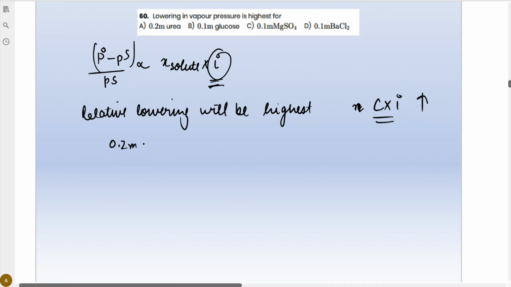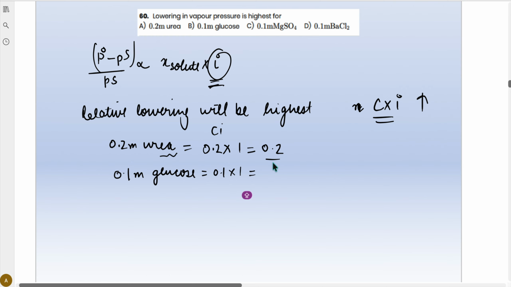For 0.2 molar urea, how much C into i we can do. C is given 0.2, and for urea i is 1, so 0.2 will come. Next one, 0.1 molar glucose: 0.1 into 1, glucose has van't Hoff factor 1, so this is also 0.1. Now check 0.1 molar MgSO4. For MgSO4 the van't Hoff factor, 0.1 into 2 will come, because MgSO4 will have 2 positive and 2 negative charges in the salt.